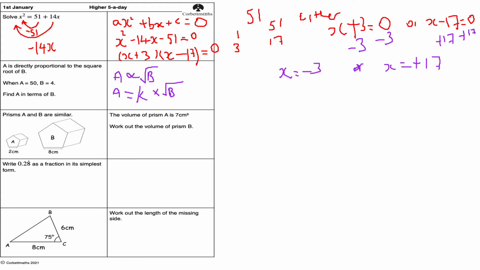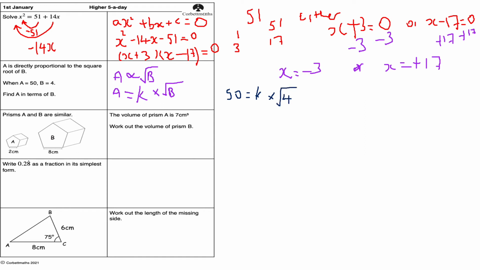We are told that a is 50 when b is 4, so we can use that to work out the value for the constant. So therefore we can say that 50 is equal to k times the square root of 4.